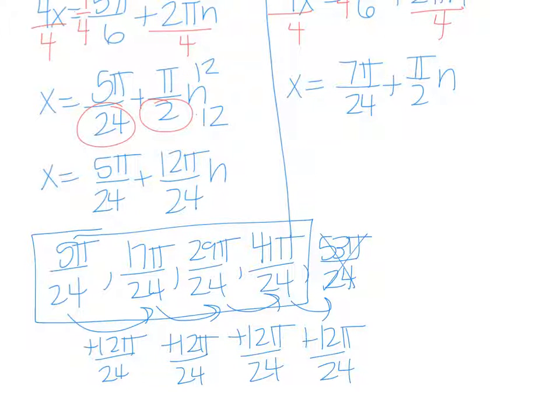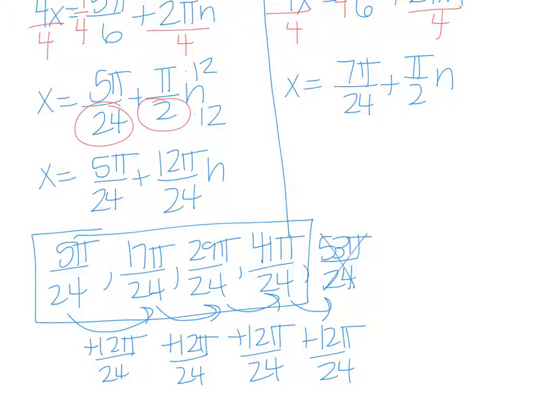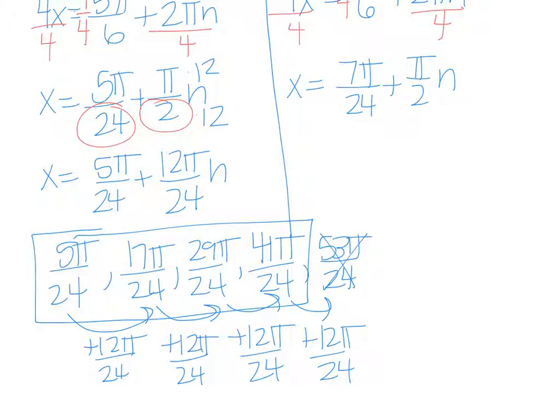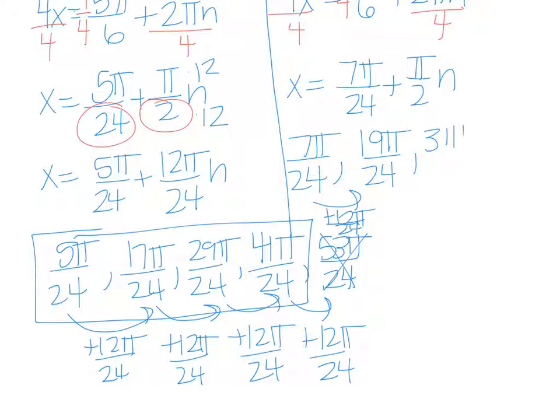And I have to do the same thing with the 7 pi over 24. So I'm going to take 7 pi over 24 as the starting point, and then I'm going to add 12 pi over 24 to that. It's going to give me 19 pi over 24. And then add again, we get 31 pi over 24.